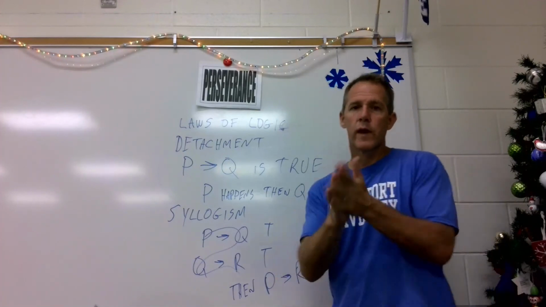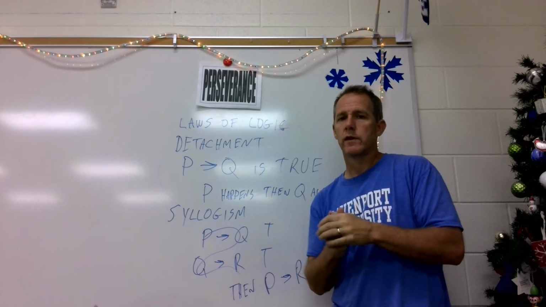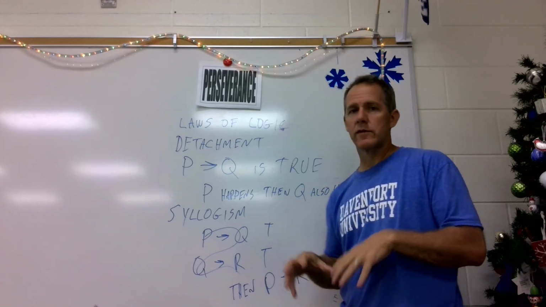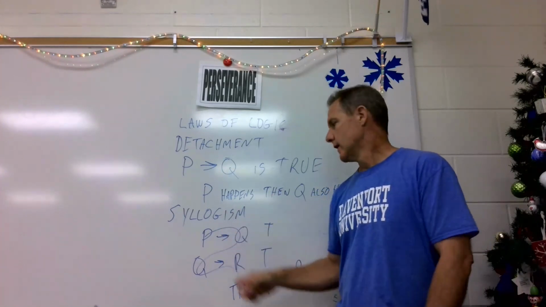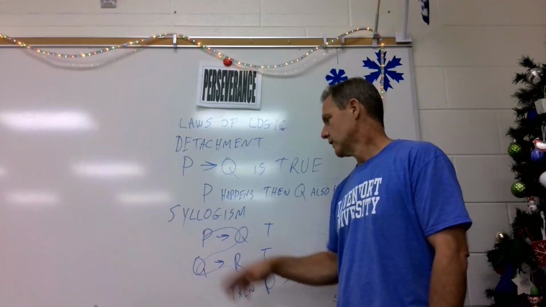There's a great song out there that I've played in class before, maybe I'll do it for you guys in my time, called Third Rock from the Sun. Basically it's like a chain of events, right? If this, then this is true, and if this, then this is true, then what happens?